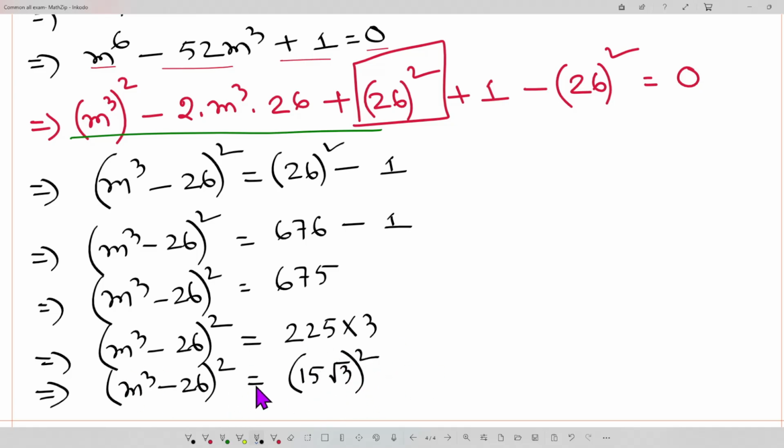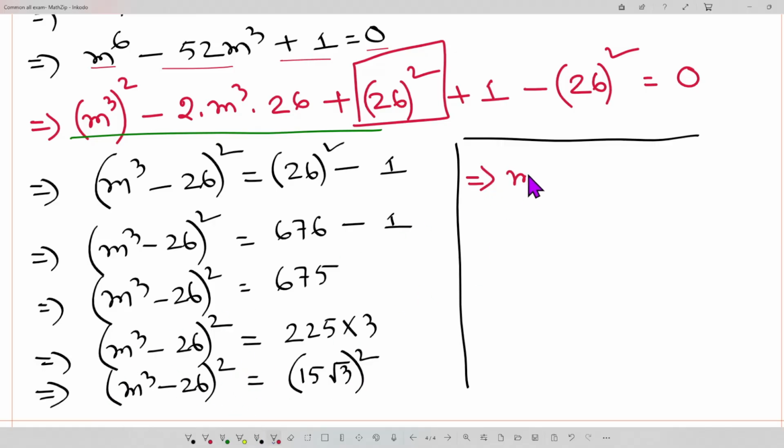Look, 15 square means 225 and root 3 square means 3. Okay, so we have to carefully handle these kinds of things. Now we will take the square root of both sides. So what will happen? m cube minus 26 equals 15 root 3.